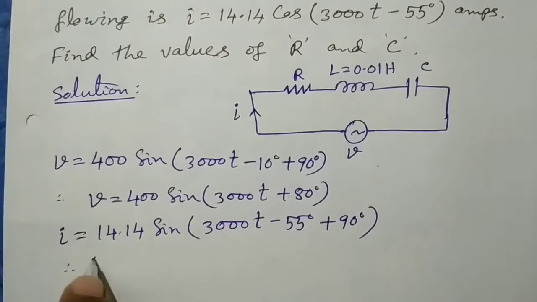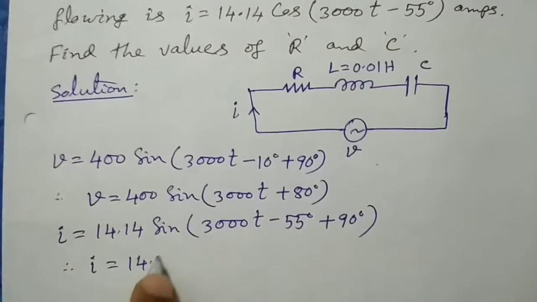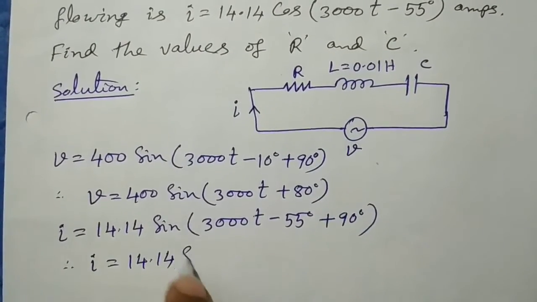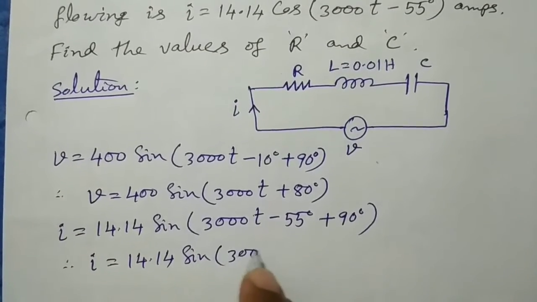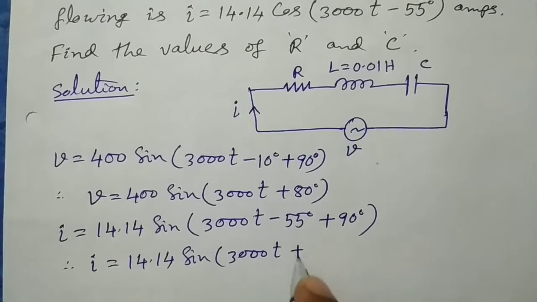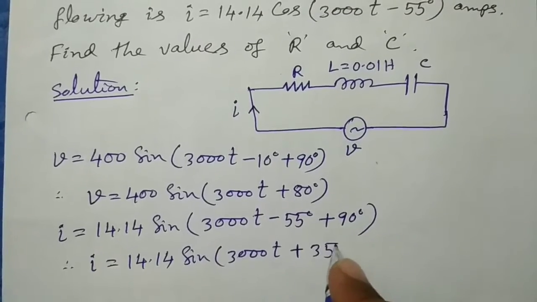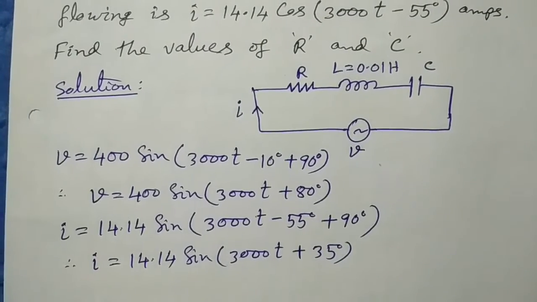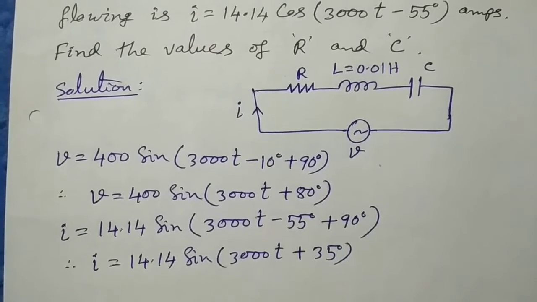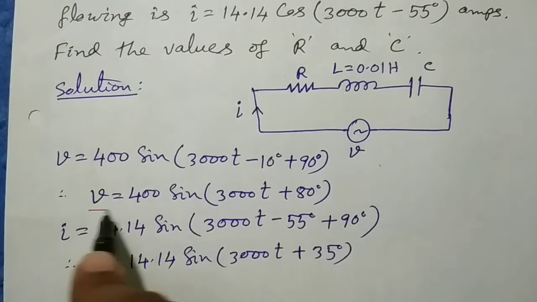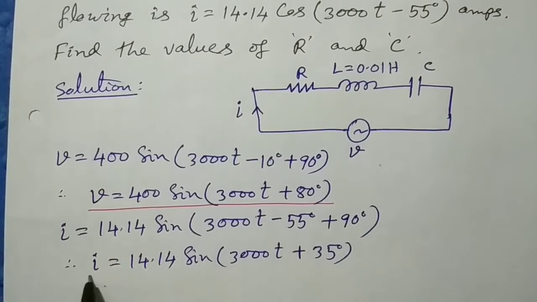So the current will be 14.14 sin(3000t plus 35 degree). Now these are the expressions of the voltage and current.